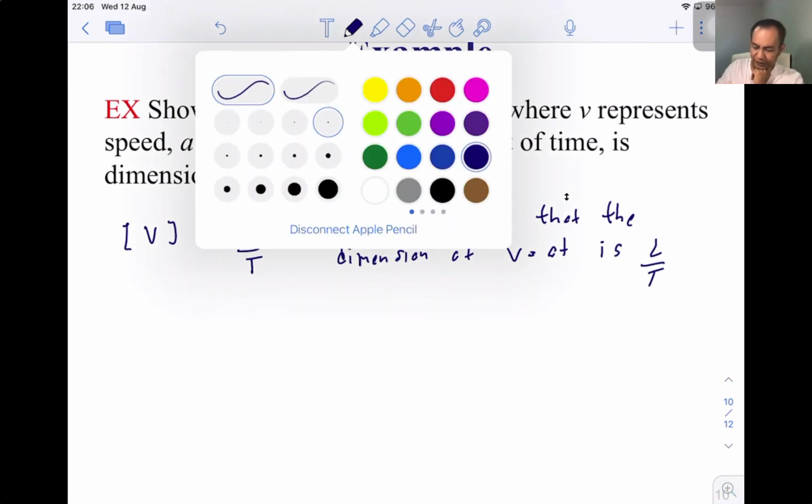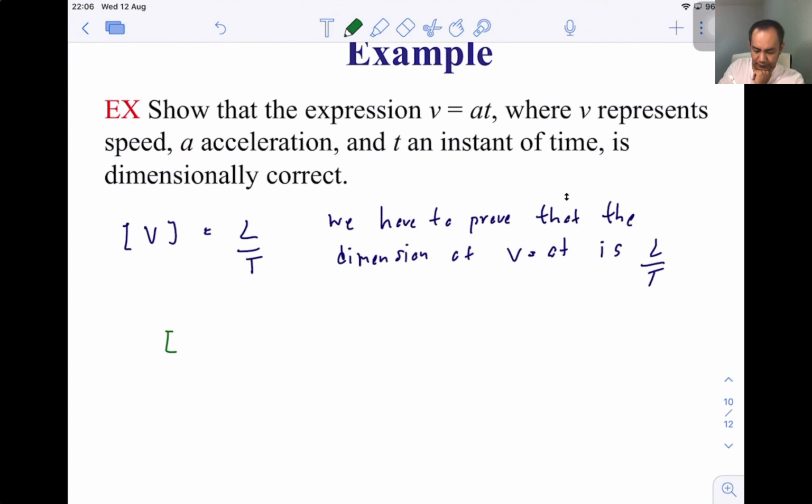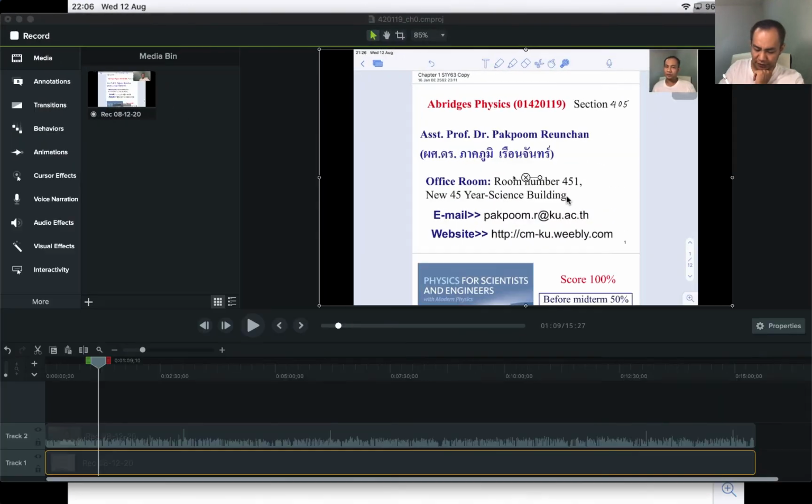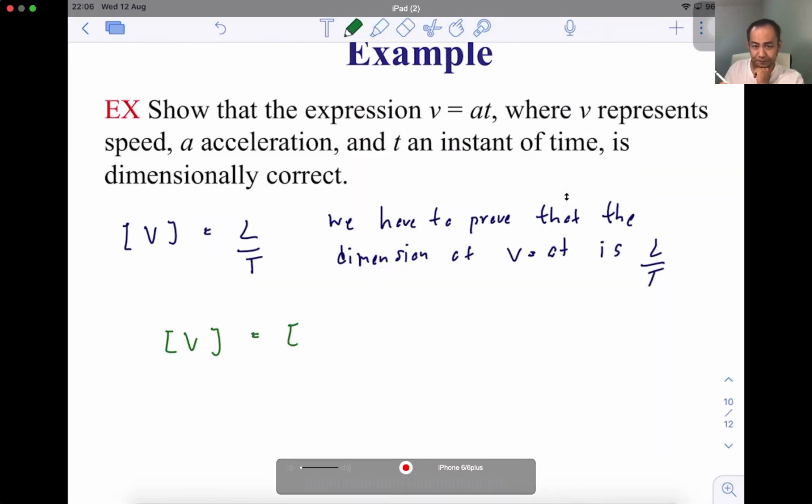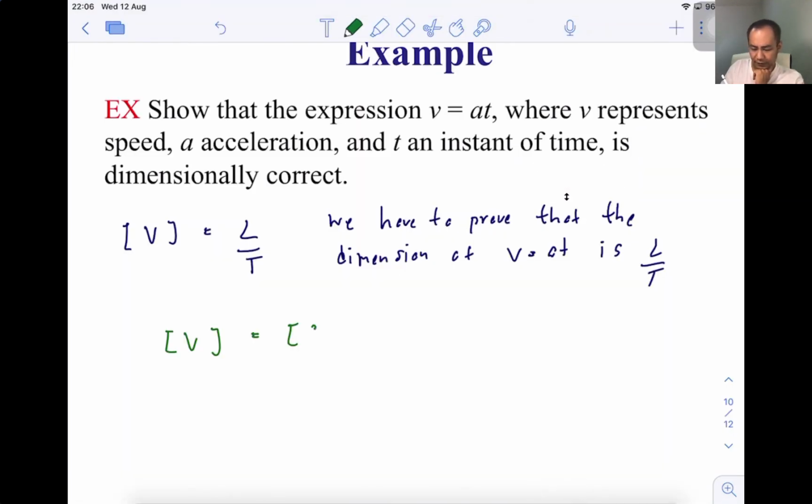Okay, so we start from this. We write down the bracket of v, so it should be equal the bracket of a times the bracket of t, the bracket meaning dimension. Okay, dimension of a times dimension of t. So it will be L over T square, right?